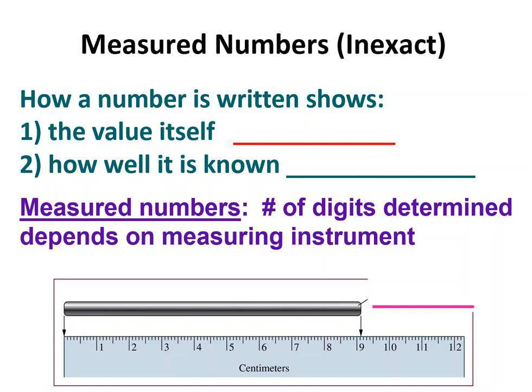Okay, so let's talk about the measured numbers that are not exact, inexact numbers. When we write down a measurement in the lab, or if a problem gives you a measured number, the way that the number is written tells you the value, but it also tells you how well the value is known.